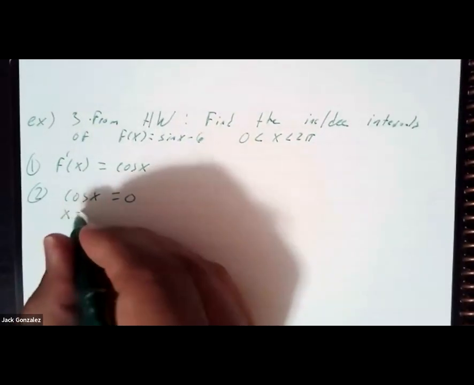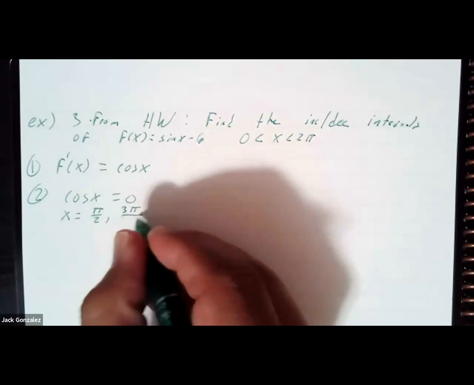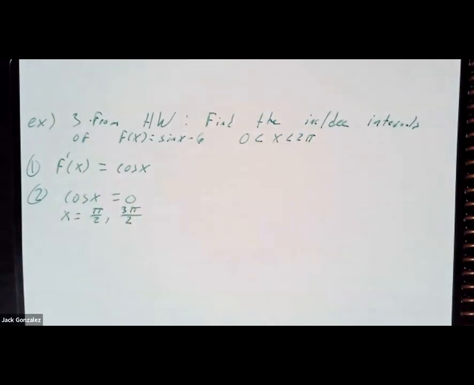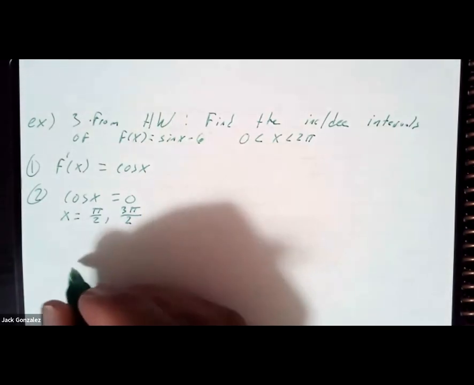Okay, so cosine is 0 at x equal to pi over 2, and 3 pi over 2 from the unit circle. So then test around these numbers. So we have to find the cosine of x from the unit circle, right?